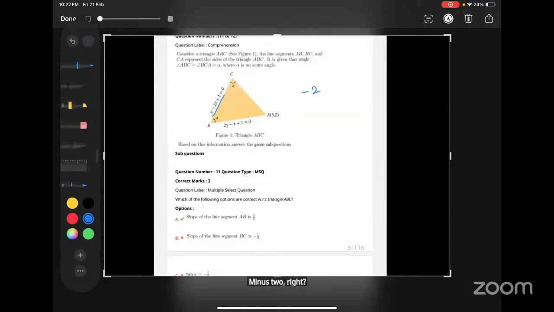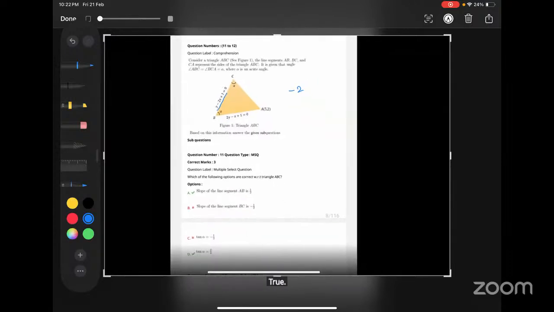Y is equal to mx plus c. So this is incorrect, right? M is equal to, this is alpha, right? It is 1 by 2.